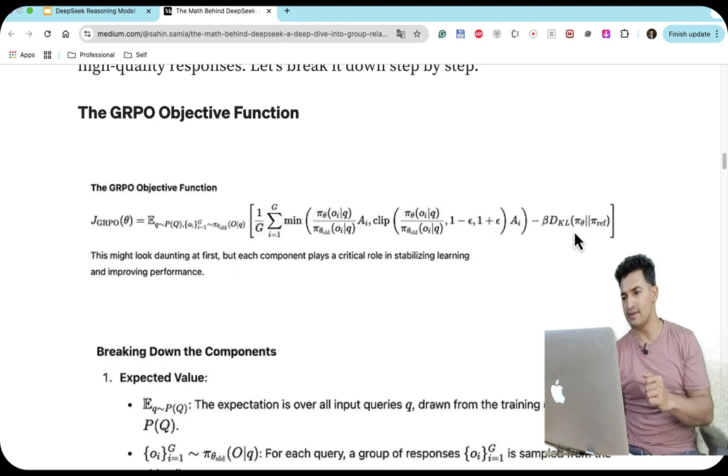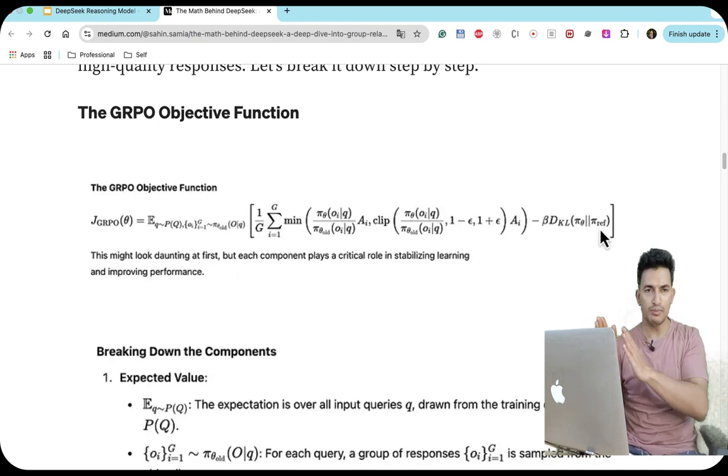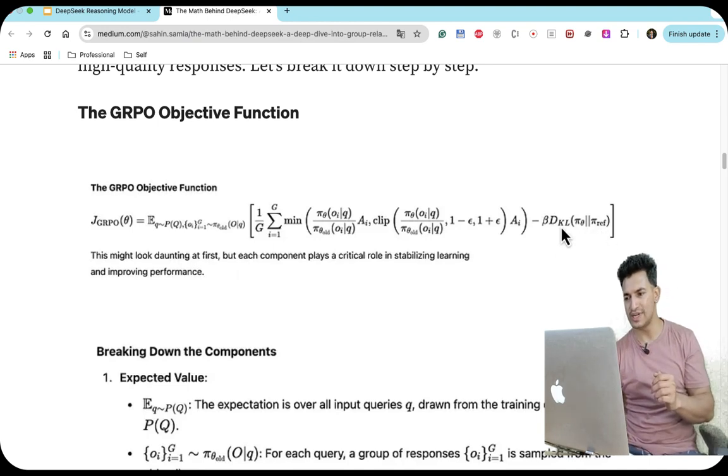And also there is a KL divergence, that is with the model that we got after supervised fine tuning. The reinforcement learning adjusted model doesn't have very huge divergence from that model. So it is similar to the supervised fine tuning model, also some deviation and more in the direction of human likable response, but not too much divergence. So it restricts that the model doesn't diverge a lot from the state it was in after the supervised fine tuning.